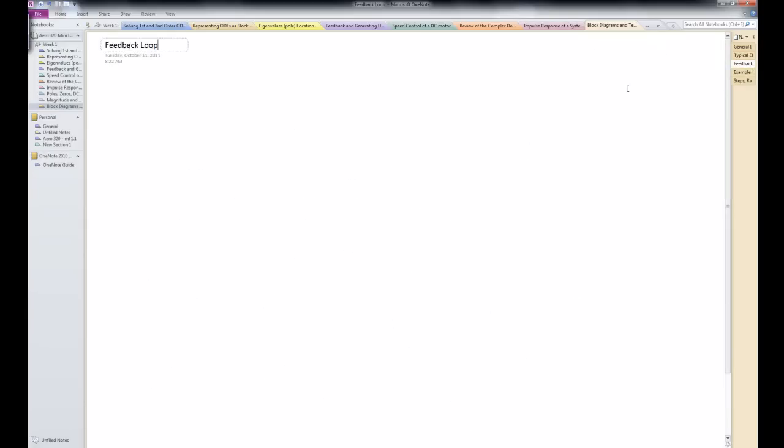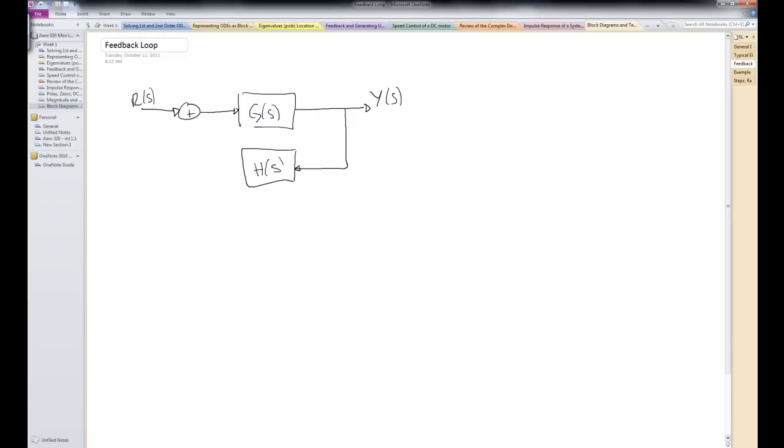Another interesting case that we're going to start to look at a lot is the idea of a feedback loop. We can represent this in a fairly general way by saying I have the reference input, R of S, and there's my comparator. I go through some transfer function, this is called the forward loop, and out comes Y of S, and then take the feedback through some transfer function, call it H of S, and feed that back with a minus sign.